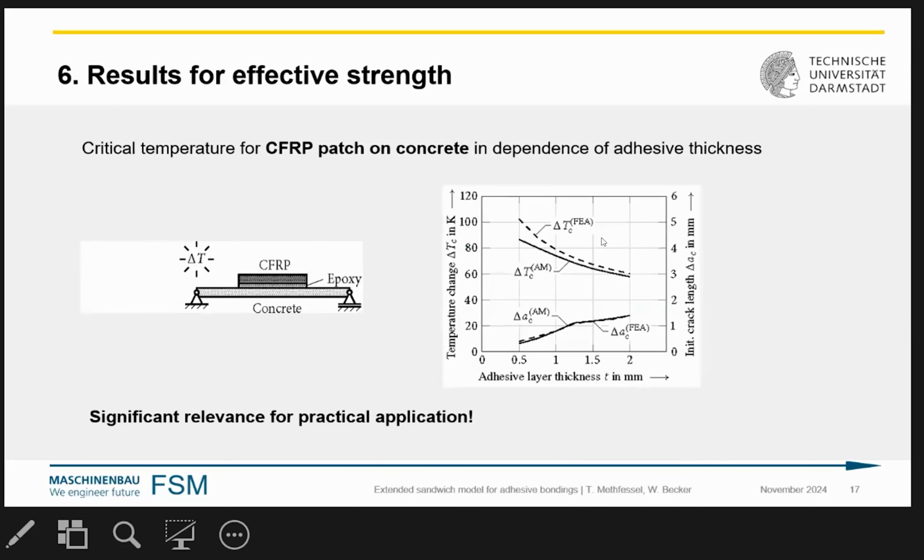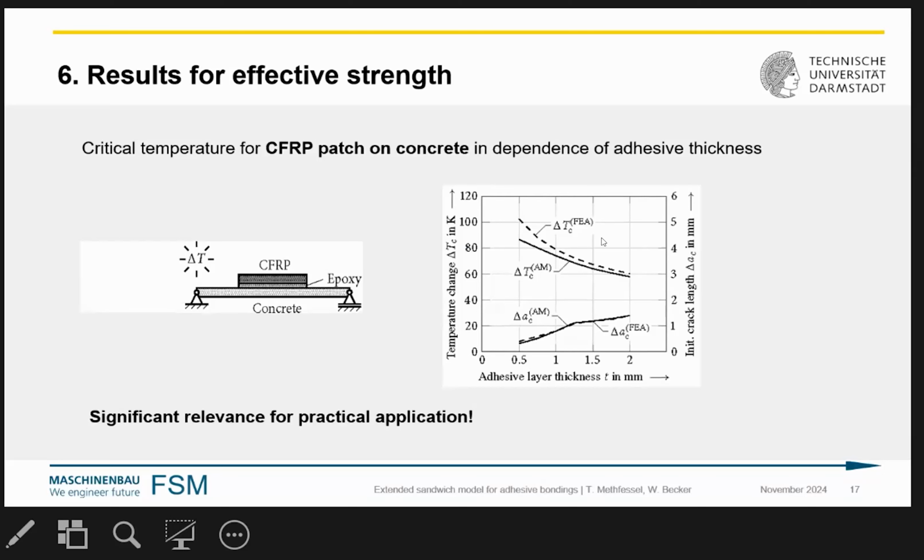Yeah, the whole thing can also be applied to other configurations. For instance, this is just one example. When we have a patch, here a carbon fiber reinforced laminate patch on a concrete substrate under thermal loading. Due to the mismatch of the thermal expansion properties, if the temperature difference gets too large, this will peel off.